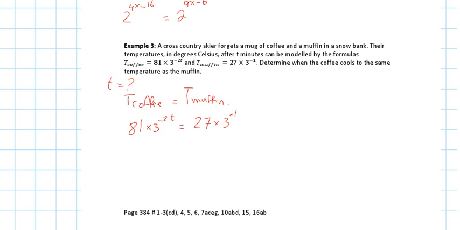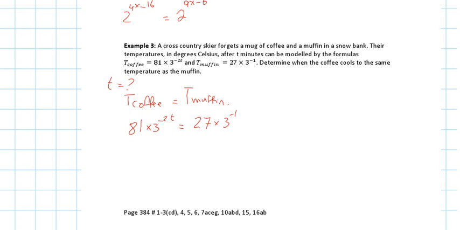How would you solve for that t? Do you get the same bases? So you want to get the same bases? Do you guys agree with that? Yeah. So what would I change to a base of what? We'll change 81 to the base of 3, and 27 to the base of 3.